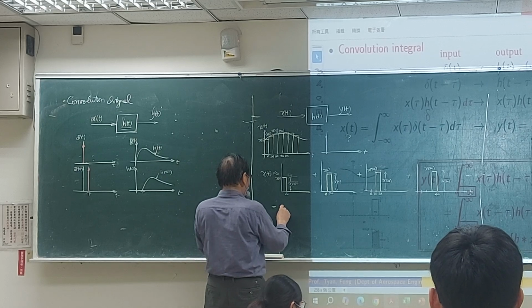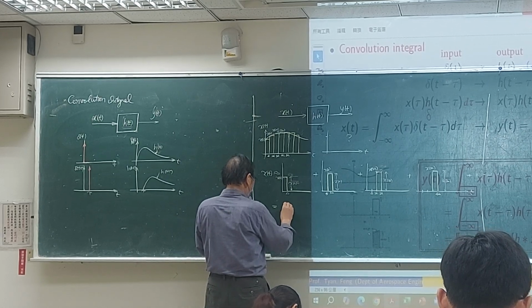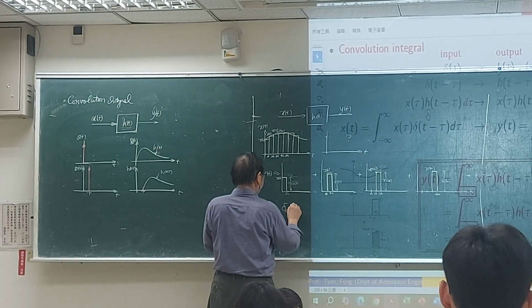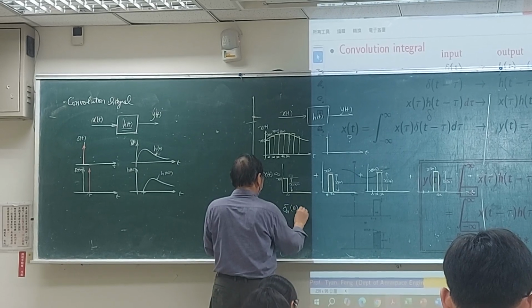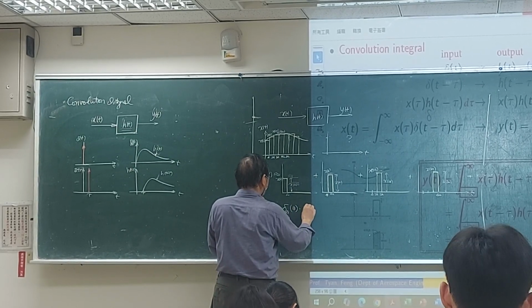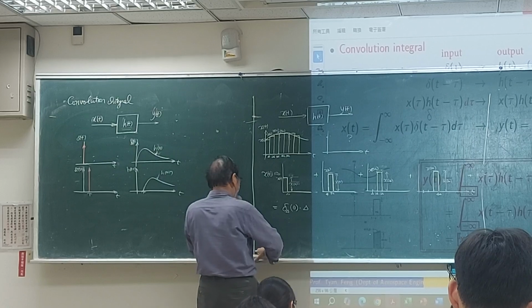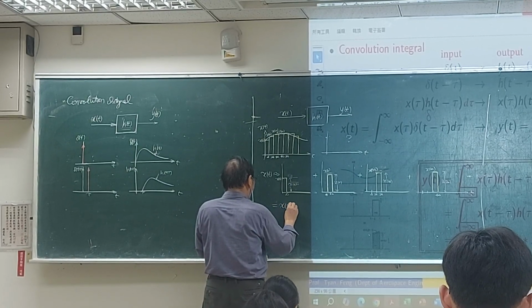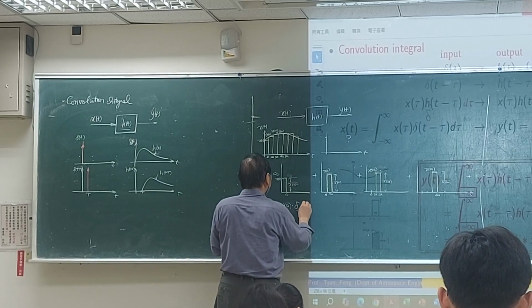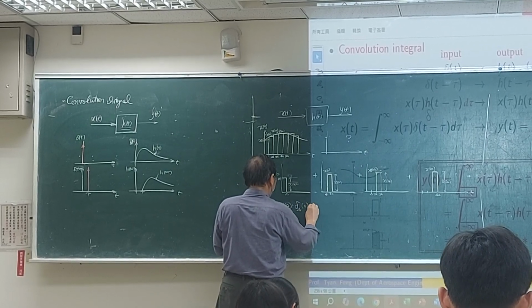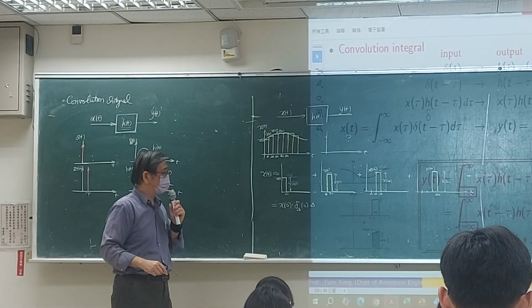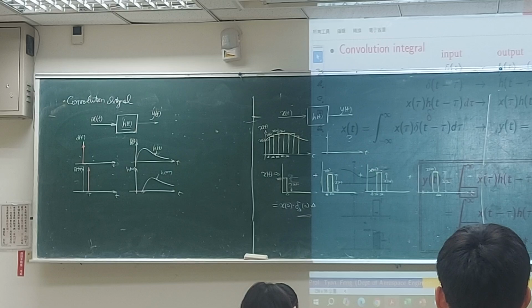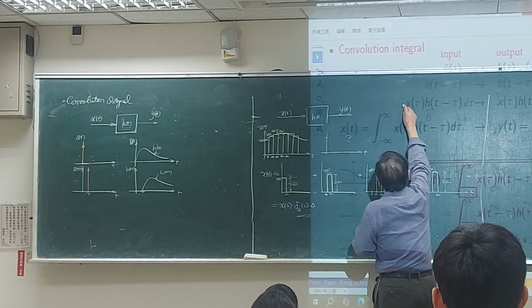This can be written as the delta function at 0, times x of 0, and then the second strip times x of delta. We can define this one. Let me give you that one before we do it again.